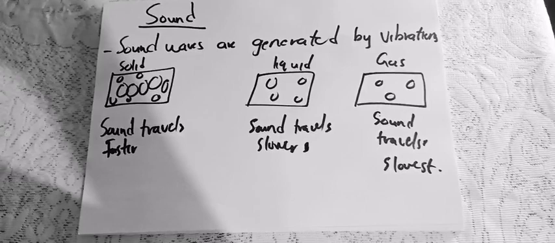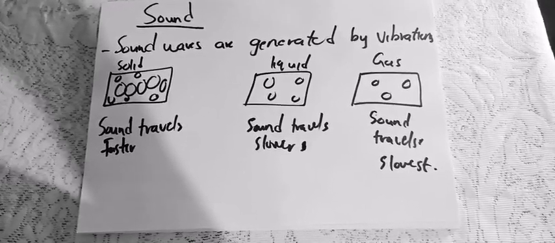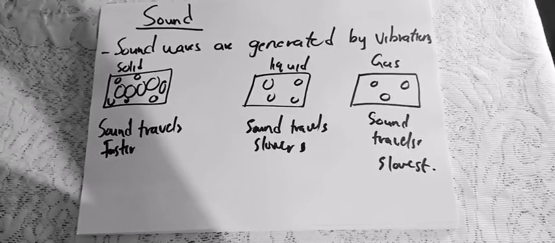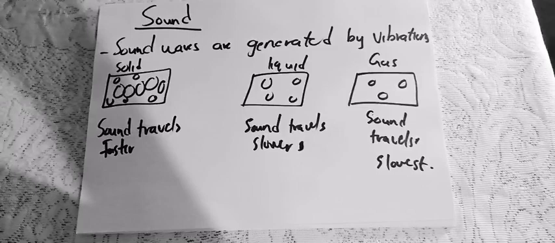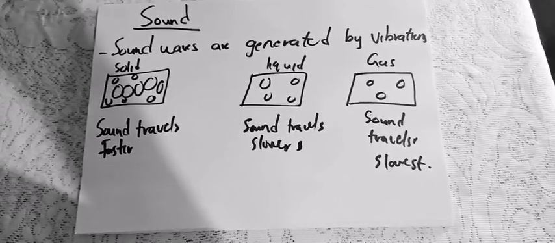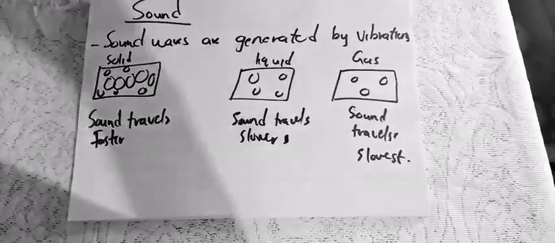So sound travels faster in a solid phase, and in a liquid phase it travels slower. In a gas phase it travels slowest. So I won't explain much here, but just know that sound travels faster in a solid phase, in a liquid phase slower, than in a gaseous phase slowest.